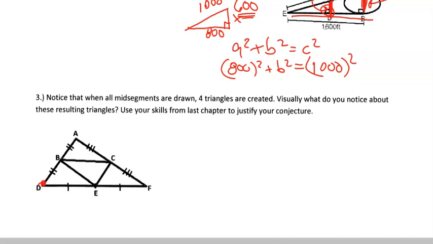Notice that going from D all the way to F is 2 single tick marks, meaning this is a length of 1 tick mark and this is a length of 1 tick mark. So the whole length is 2 tick marks. If this is a midsegment, it's supposed to be half of that length, then what would its length be?